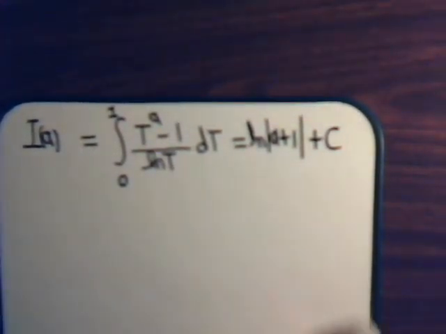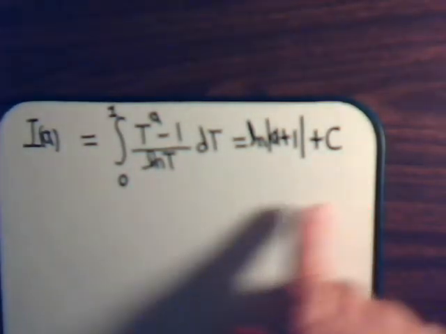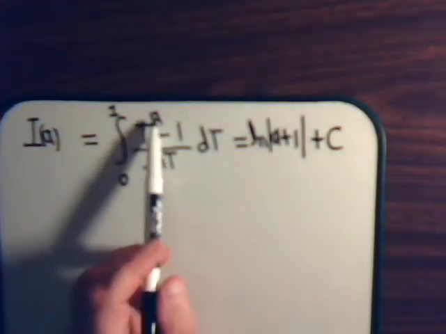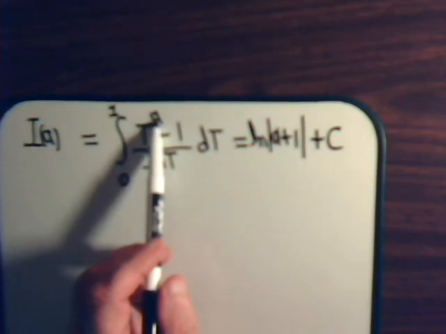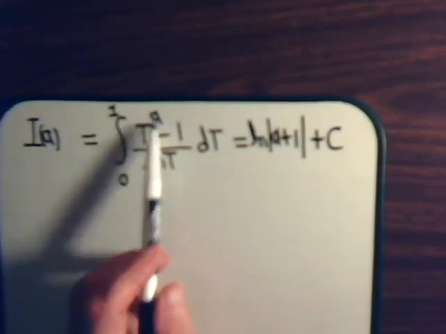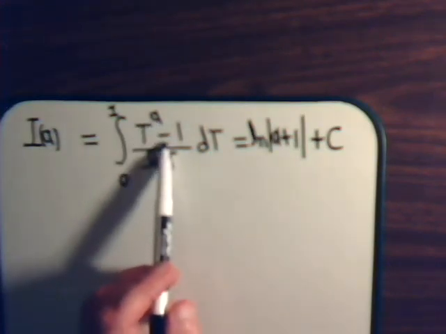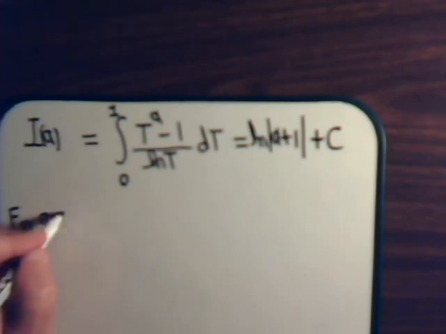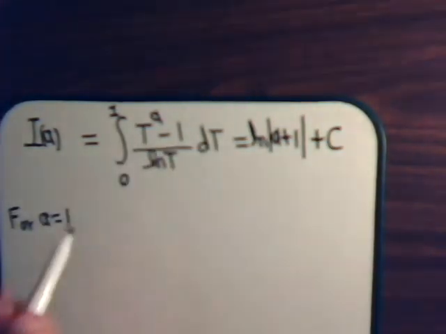Now what happens if we try to evaluate this expression when a equals 0? So then we'd have t to the 0. Well, any number to the 0 power is just 1. 1 minus 1 is 0. So for a equals 0, sorry, this is just going to be 0.